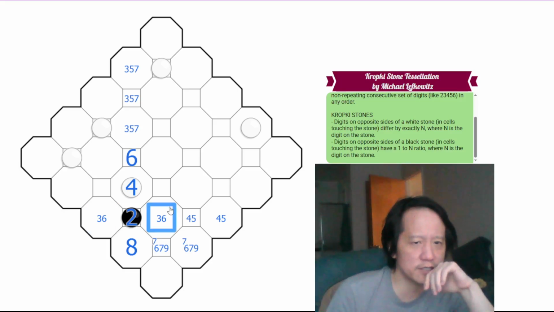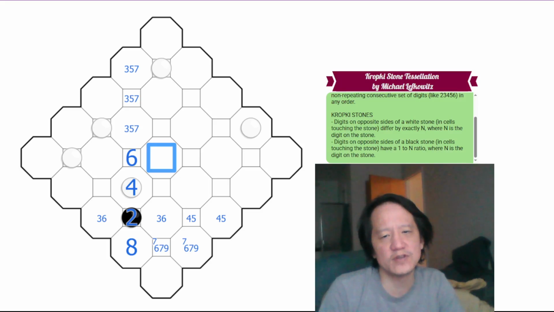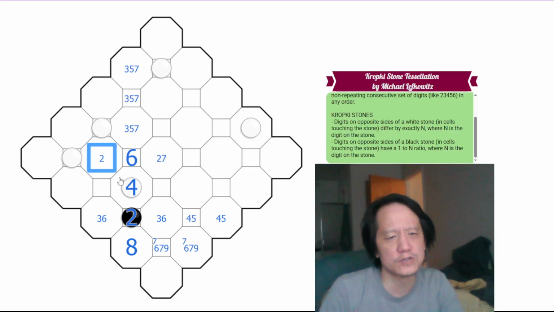So 3 and 6 has a difference of 4 with its 7 and 2, right? 3 can only be 4 away from 7. 6 can only be 4 away from 2. So this is a 2-7 pair.